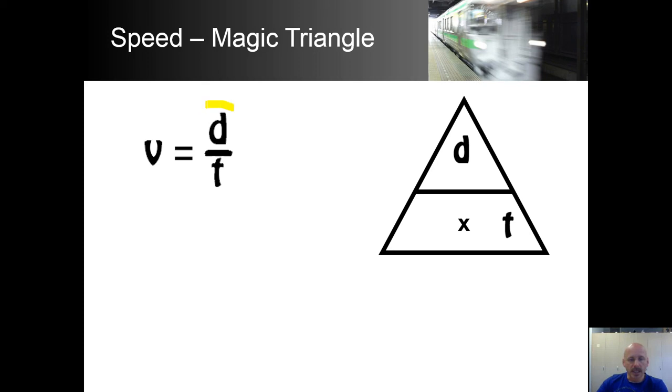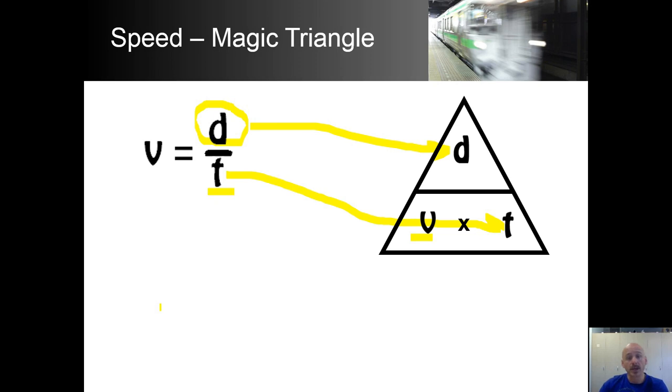Notice how d is on top of t. So we do the same thing for our triangle. We put the d at the top and the t at the bottom. That leaves one space left in this corner here for v.